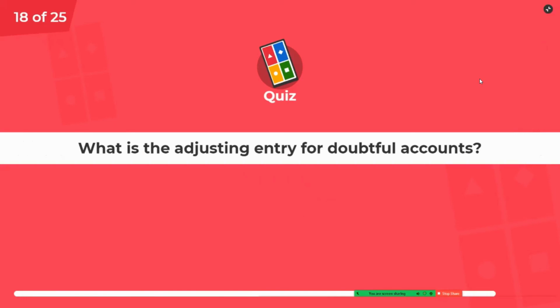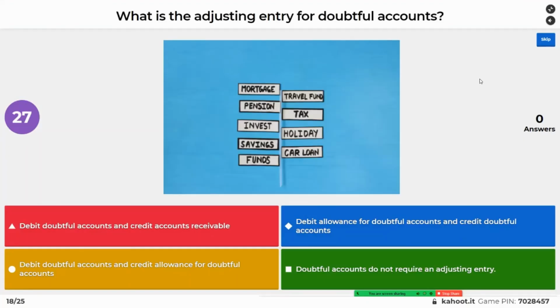What is the adjusting entry for doubtful accounts?